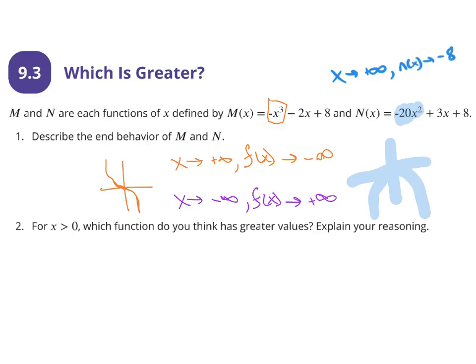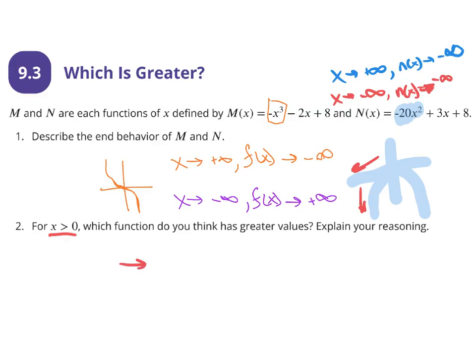I'll draw 8, not a sideways 8. Negative infinity. As x goes to negative infinity, n goes that way. The arrow means goes to. Negative infinity.